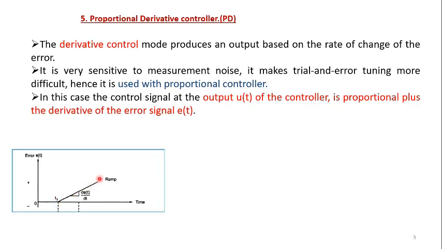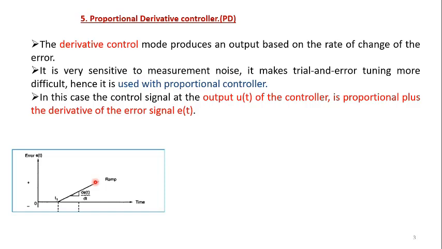So it makes trial and error tuning more difficult, hence it is not used individually. There is a need to use the derivative controller with a proportional controller, so it is called a proportional derivative controller.